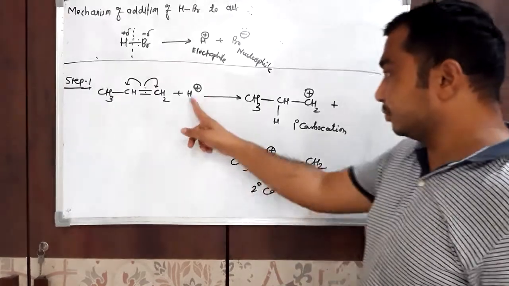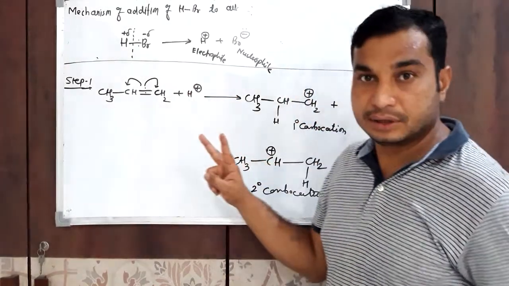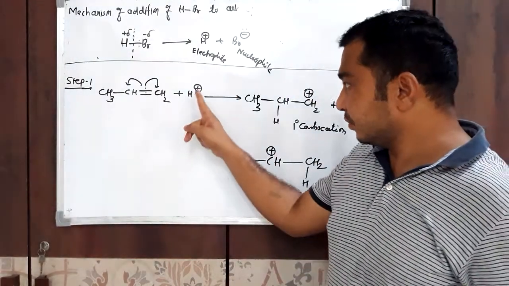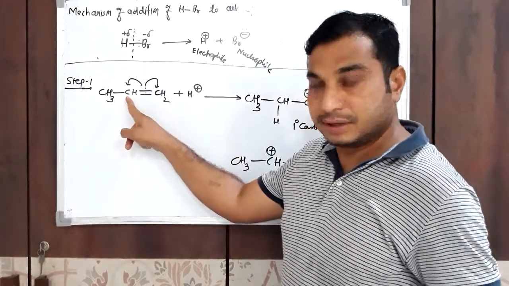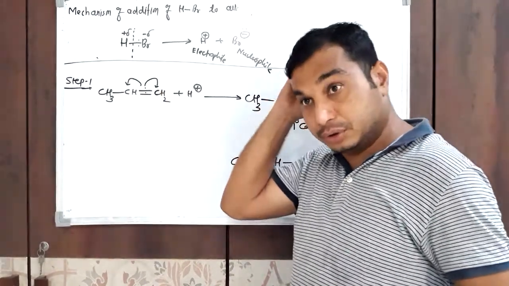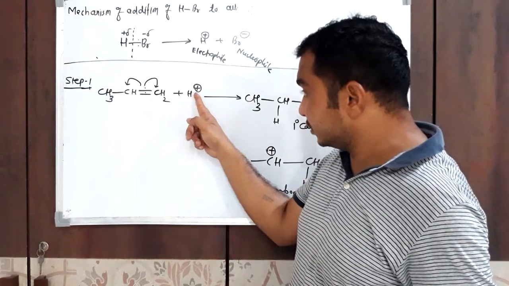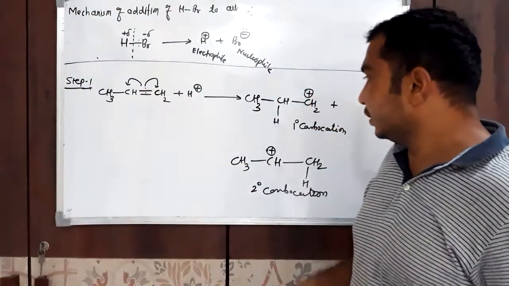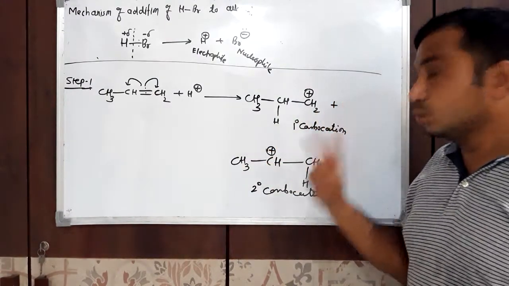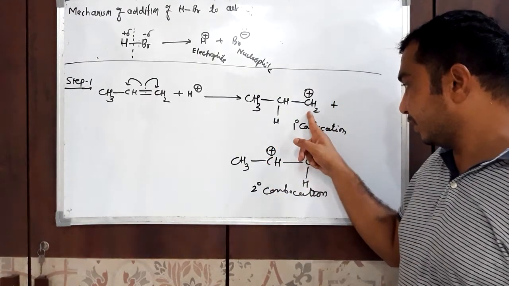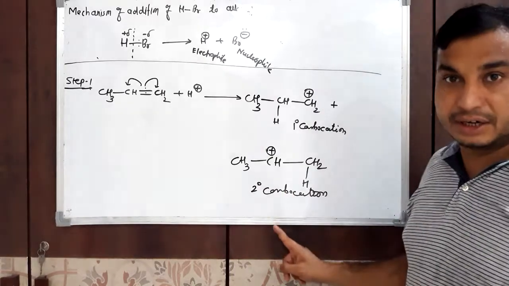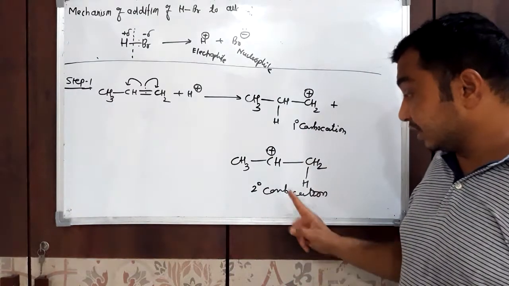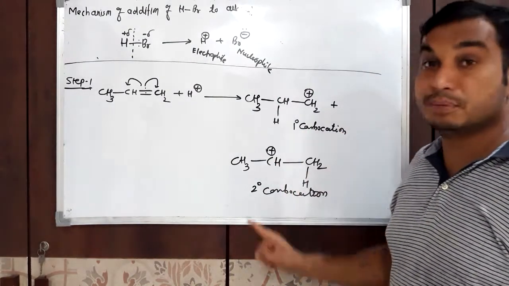Okay, so H plus has two possibilities, 2 points of attachment. H plus can attach on this carbon, then this carbon becomes positive, or if this H plus attached to this, then this carbon becomes positive. Due to this possibility, we will have 2 carbocations. One is primary carbocation and another one is secondary carbocation. And we know secondary carbocation is more stable than primary.